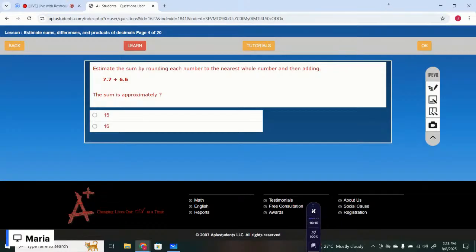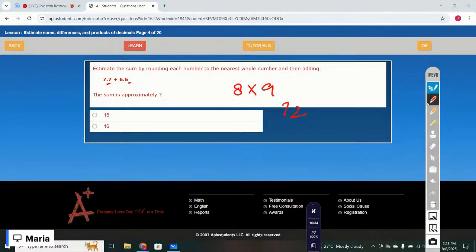7.7 plus 6.6. 7.7 is rounded to 8 and 6.6 is rounded to 7. 8 plus 7 makes 15.